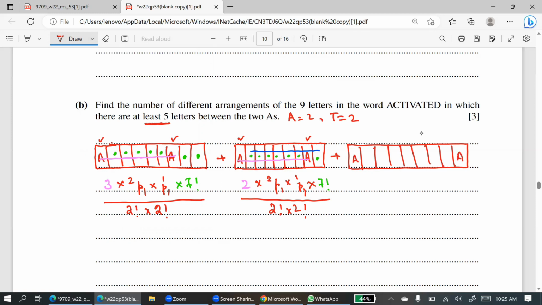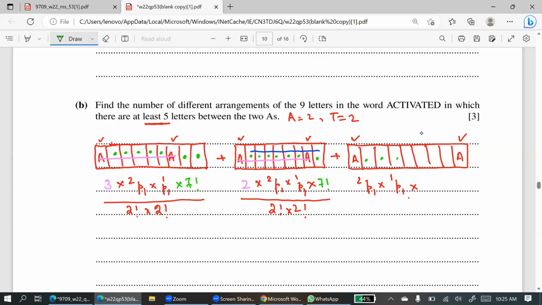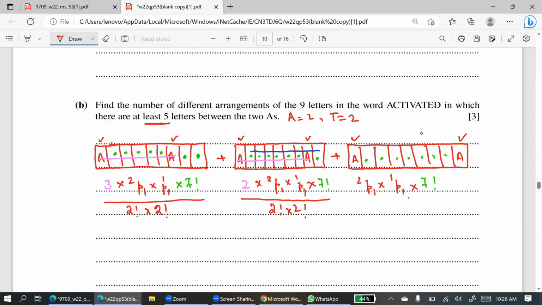Now there is only one way to arrange this A and A with 7 letters between them. For the first A, we have 2 choices. For the last A, we have 1 choice. There are 7 letters between the two A's, into 7 factorial divided by 2 factorial into 2 factorial.